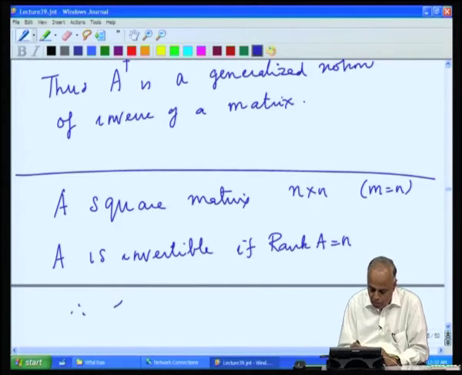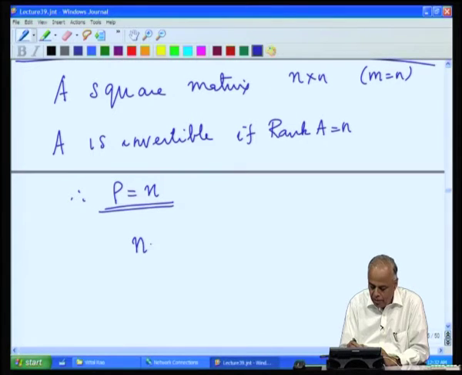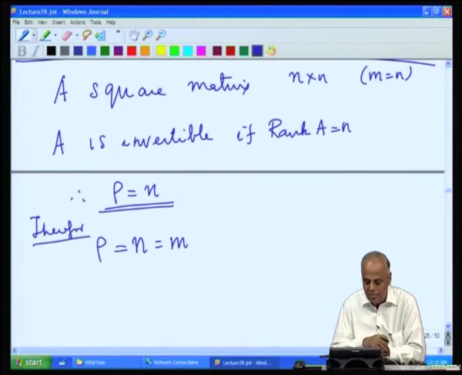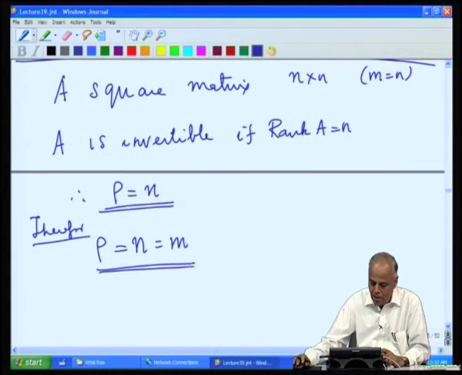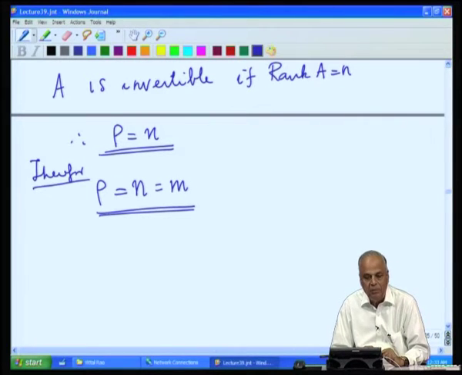So, rho is equal to n. So, we have m equal to n and rho equal to n, a matrix where the number of rows equals the number of columns and both equal rho. With this in mind, let us look at the situation that we have.